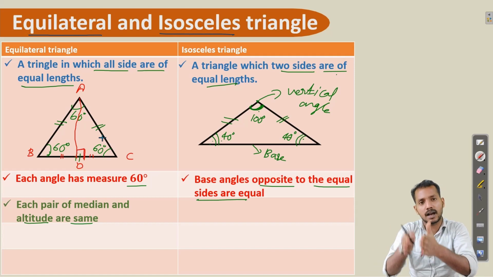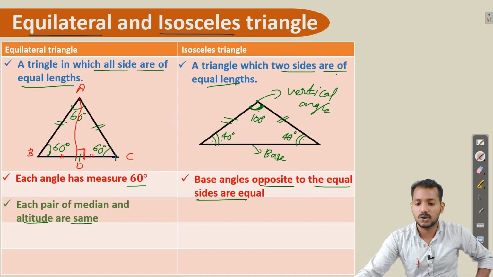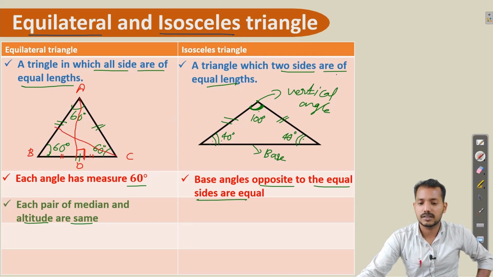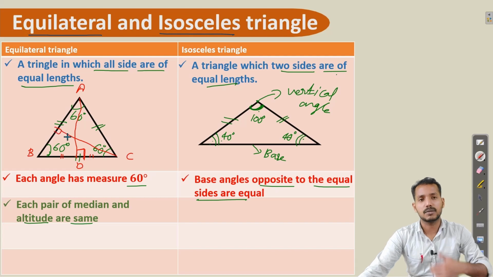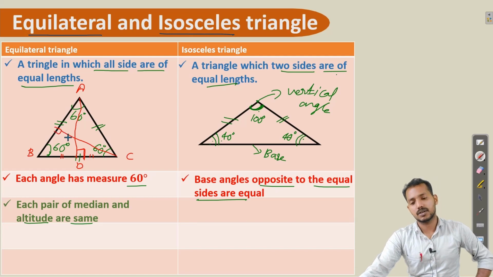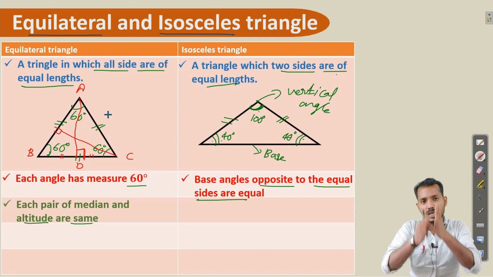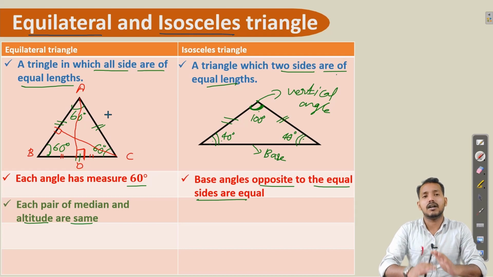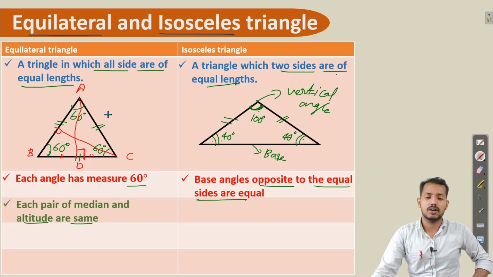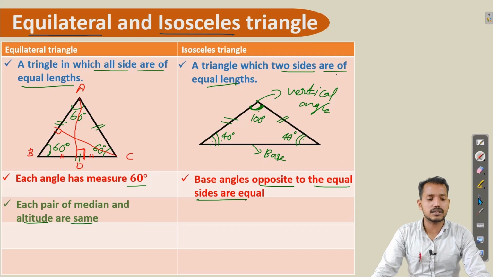That means the median and altitude of the equilateral triangle are the same. Similarly, if you draw a median from here, that also will become the altitude to that base. That means each pair of median and altitude are equal, that means three pairs. While in the case of an isosceles triangle, one pair of median and altitude is the same.